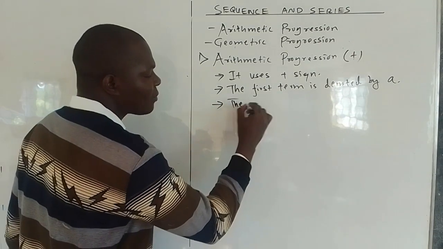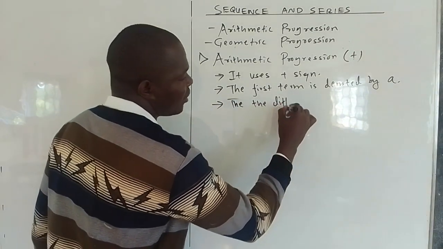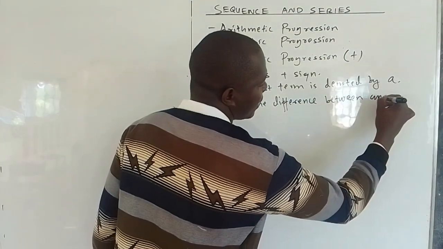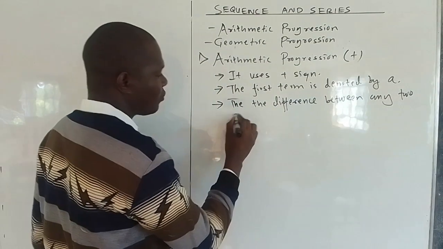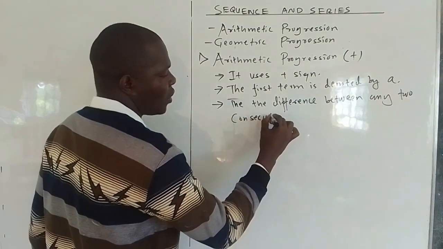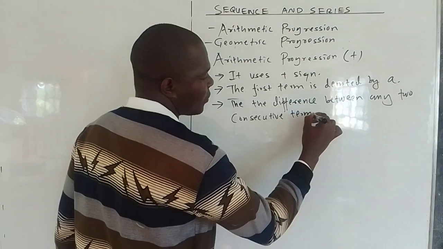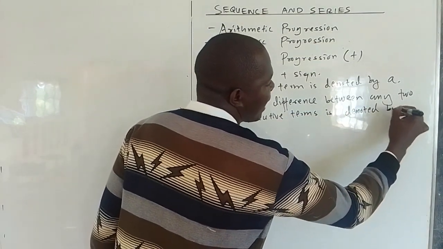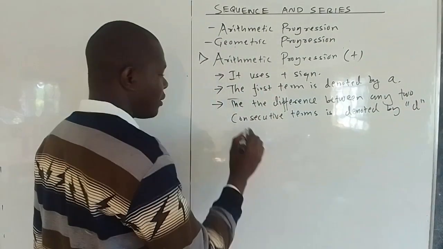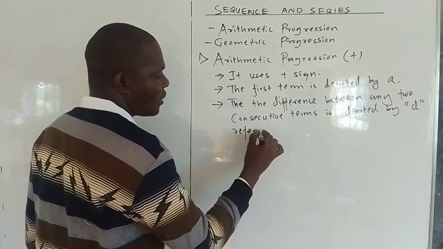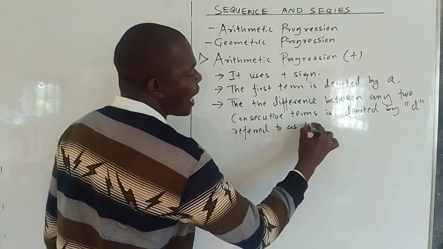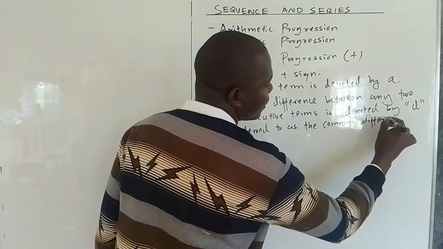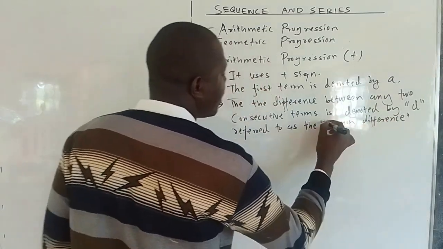So the difference between any two consecutive terms is denoted by D, referred to as the common difference.